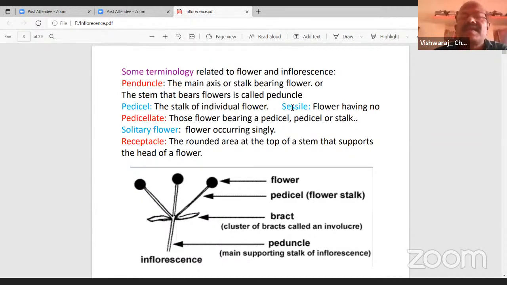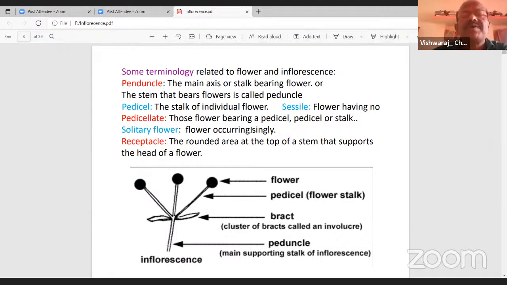Then sessile flowers: flowers bearing no pedicel or no stalk. Flowers that have no stalk are called sessile.